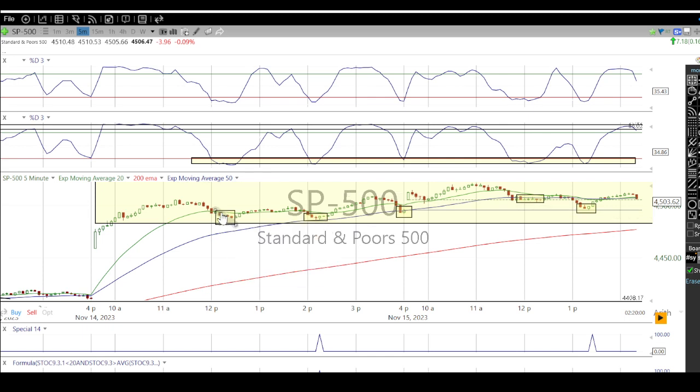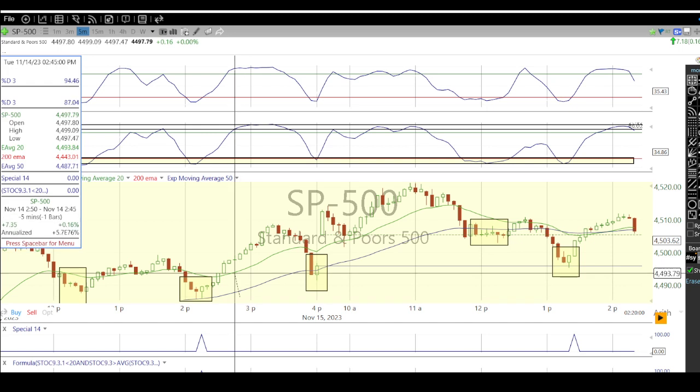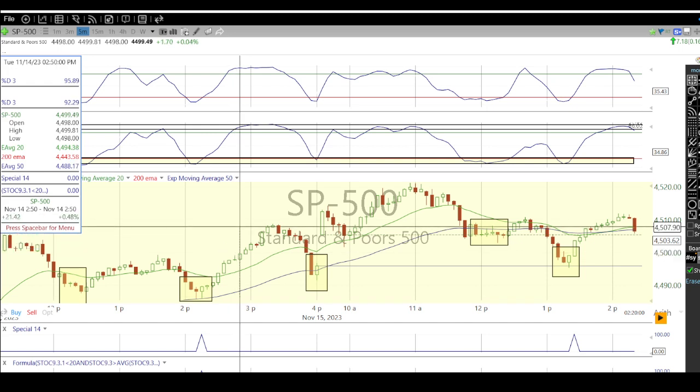Each time you got oversold here on the 9.3 and the 14.3, you had a little bias to the upside. In some cases you had a bigger bias. A lot of these are 10 to 20 point moves. I'm just not zoomed in here, but from 2 o'clock to 3 o'clock, this went from 86 to 507. That's a 20 point move.